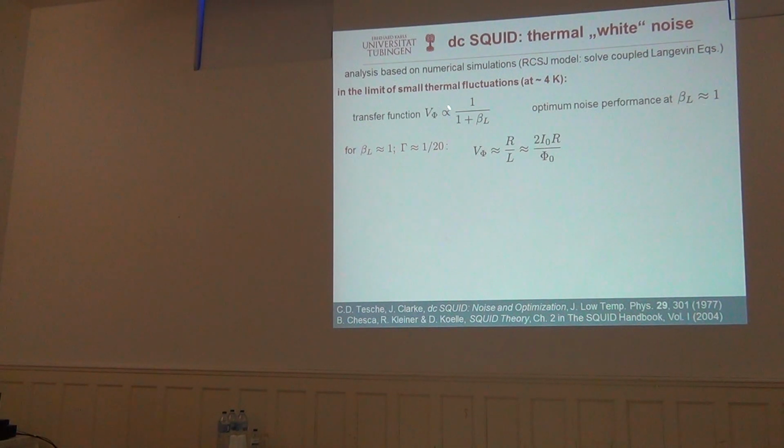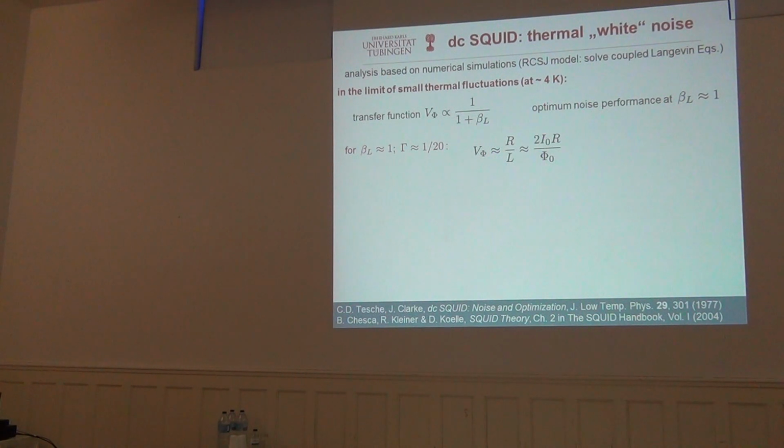What they find is that the transfer function, in the limit of small thermal fluctuations, typically scales as 1 over 1 plus beta L. And they found that an optimum noise performance you get at beta L equals 1, not at very small beta L where you get the strongest modulation, but at an intermediate value.